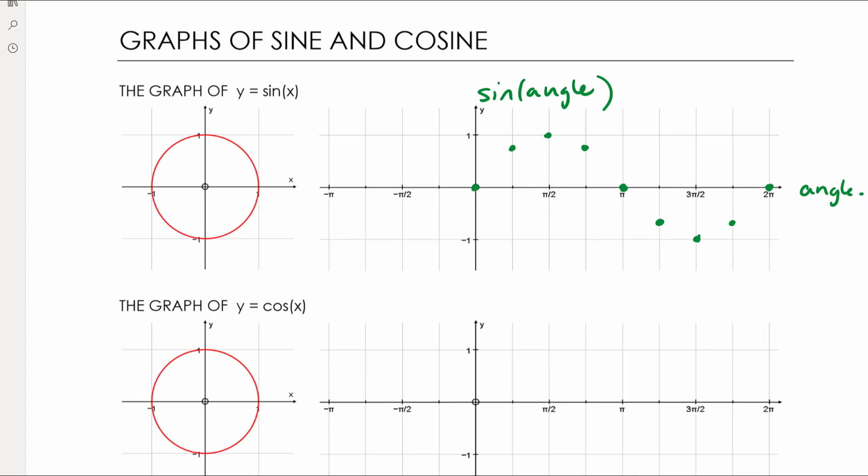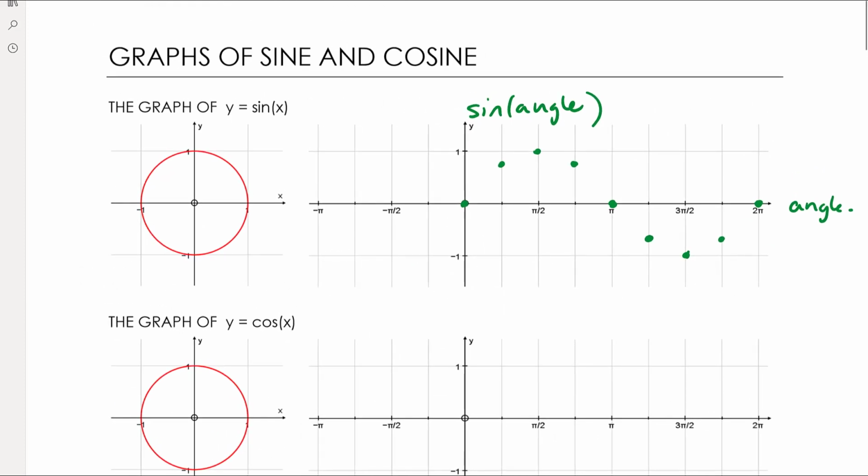For example, at negative pi on 4, the value of sine is going to be here. At negative pi on 2, the value of sine is -1. At negative 3 pi on 4, the value of sine is the same as it was at negative pi on 4. At negative pi, the value of sine is 0.